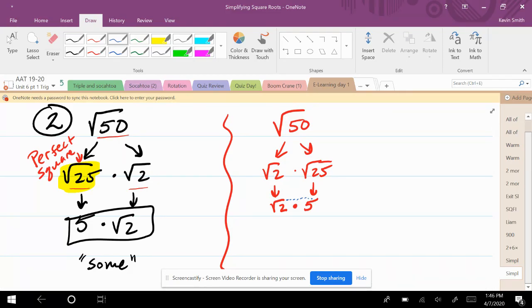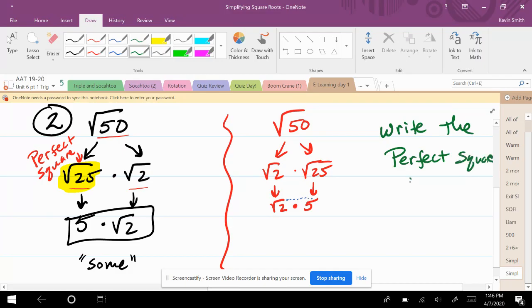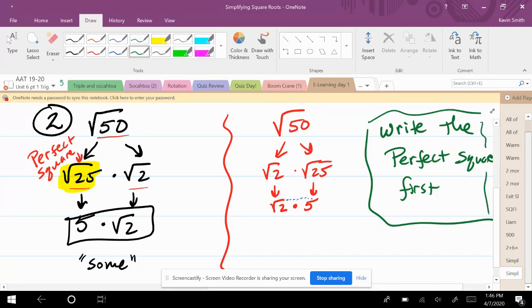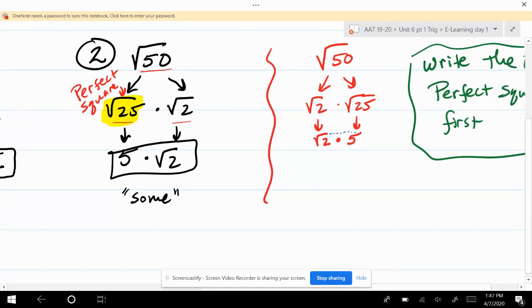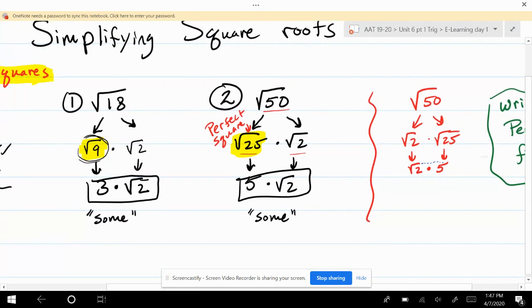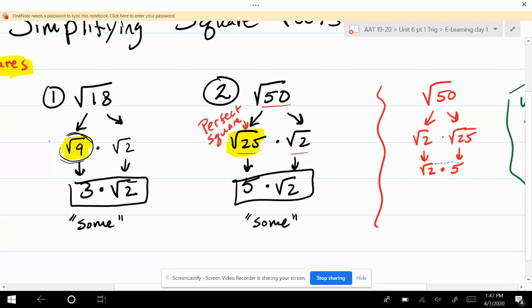So I would recommend always, absolutely always, write the perfect square first. That is incredibly important. It'll make everything so much easier. And you can even see in both of our examples, we always put the perfect square first.